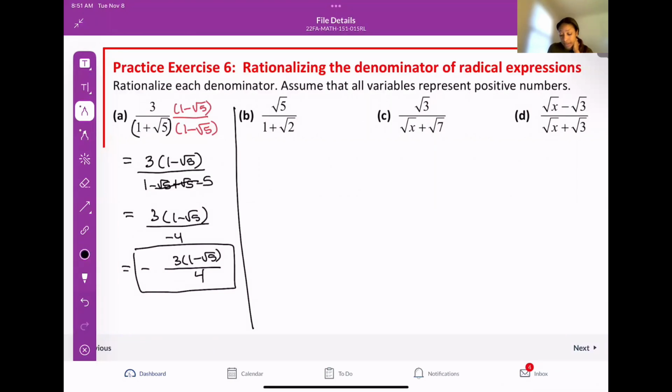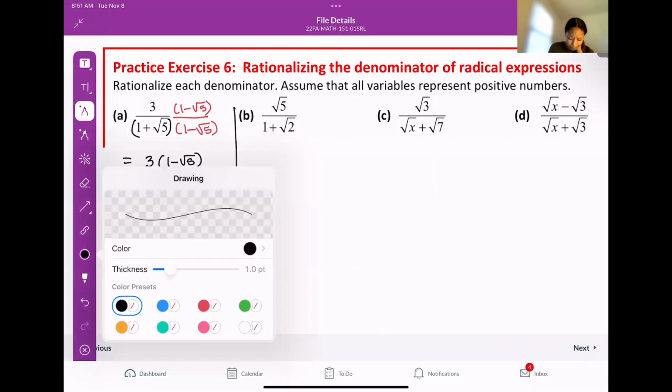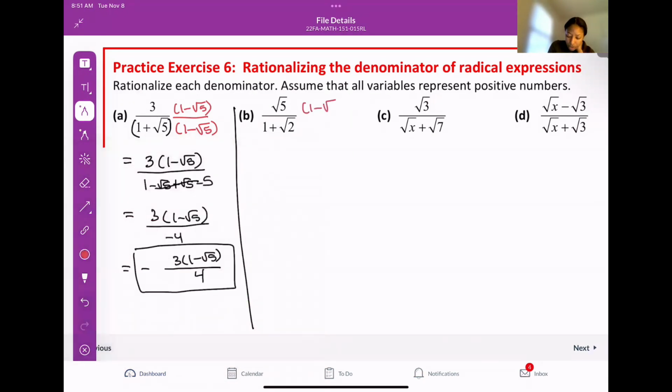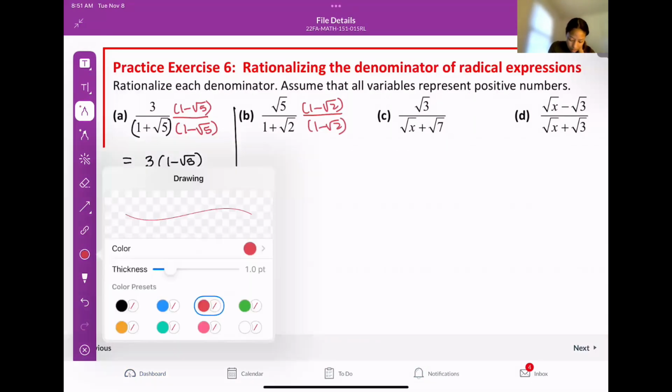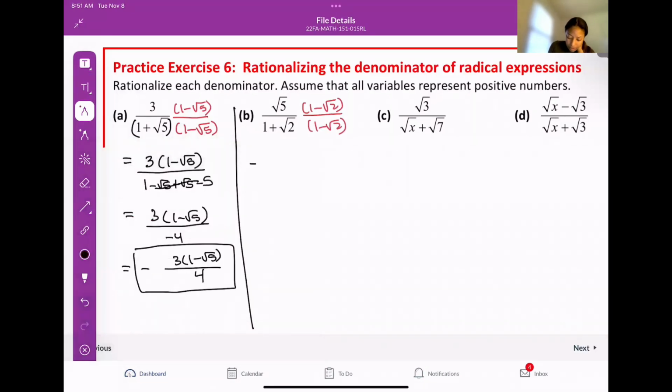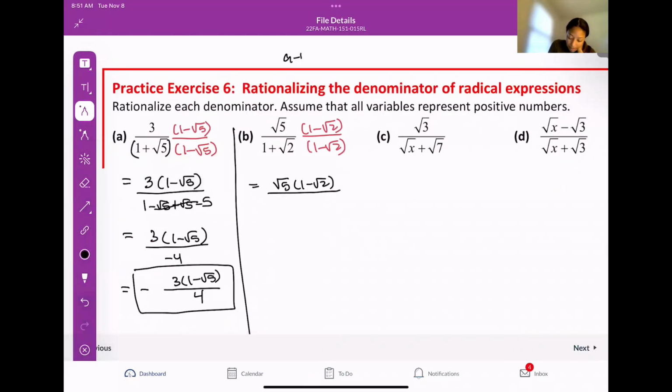All right, for part B, root 5 over 1 plus root 2. The conjugate of the denominator is 1 minus the square root of 2. And if we multiply our numerator and denominator by this, we get the square root of 5 times 1 minus the square root of 2 over, again, we're using the fact that a minus b times a plus b equals a squared minus b squared.